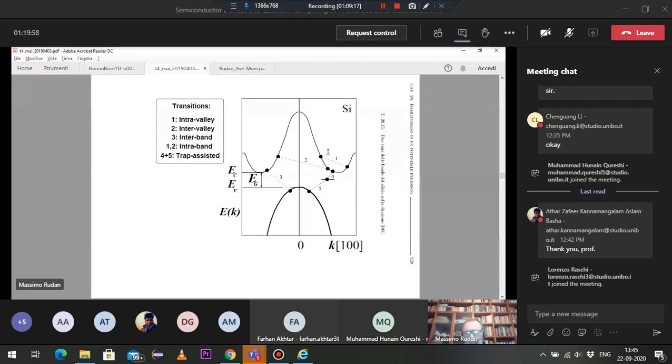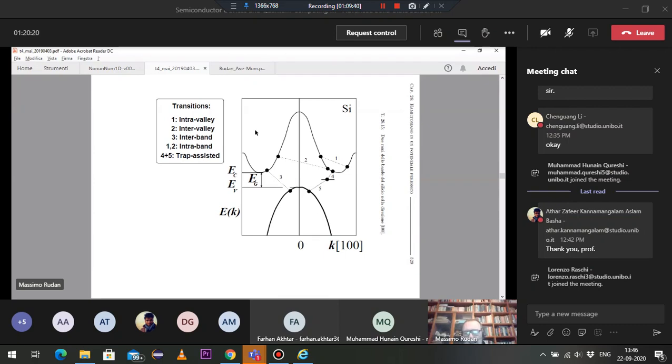So a transition like the one that is indicated with the number 1 in this figure, in which both the initial and final state, whichever they are, belong to the same valley, they are called, as you can see on the left, intra-valley transitions, okay?